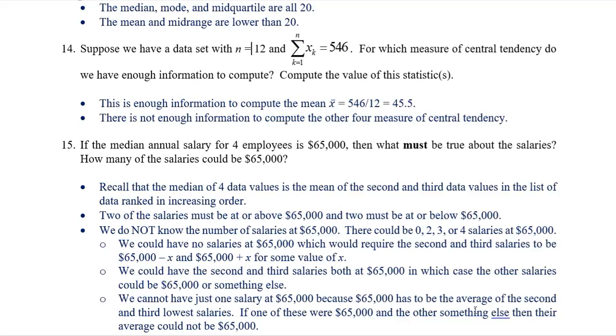So that could give you 2, 3, or 4. We can't have just one salary at 65,000 because 65,000 has to be the average of the second and third lowest salaries. If one were 65,000 and the other something else, then their average could not be 65,000.